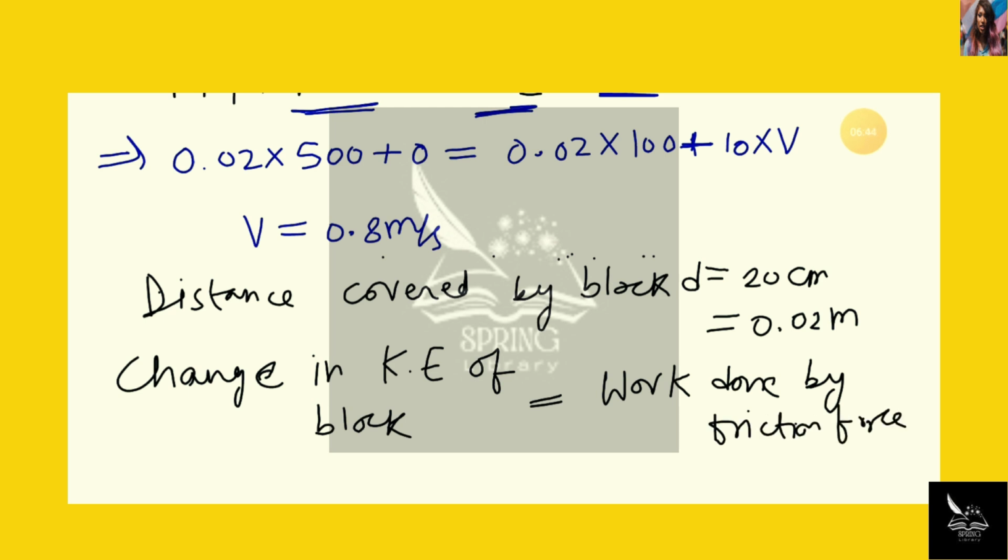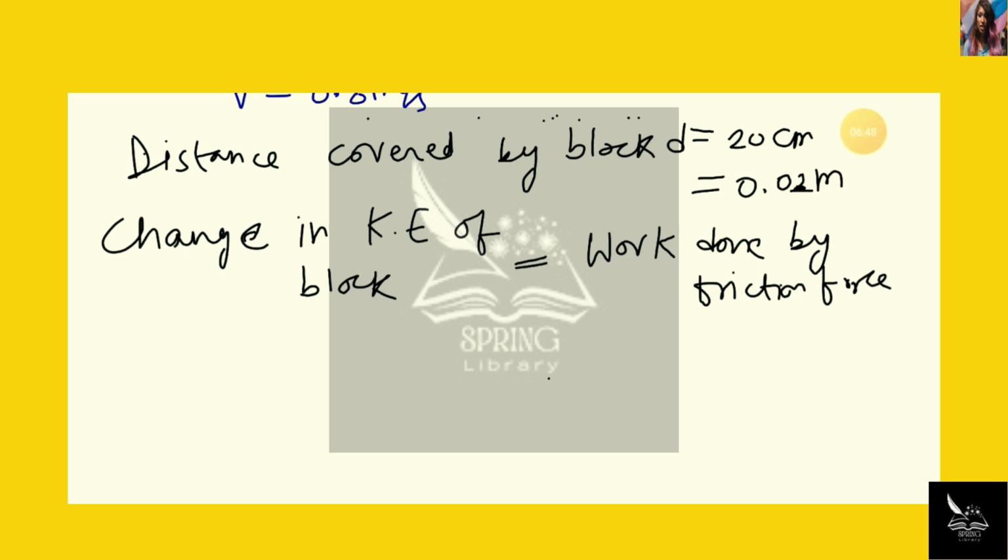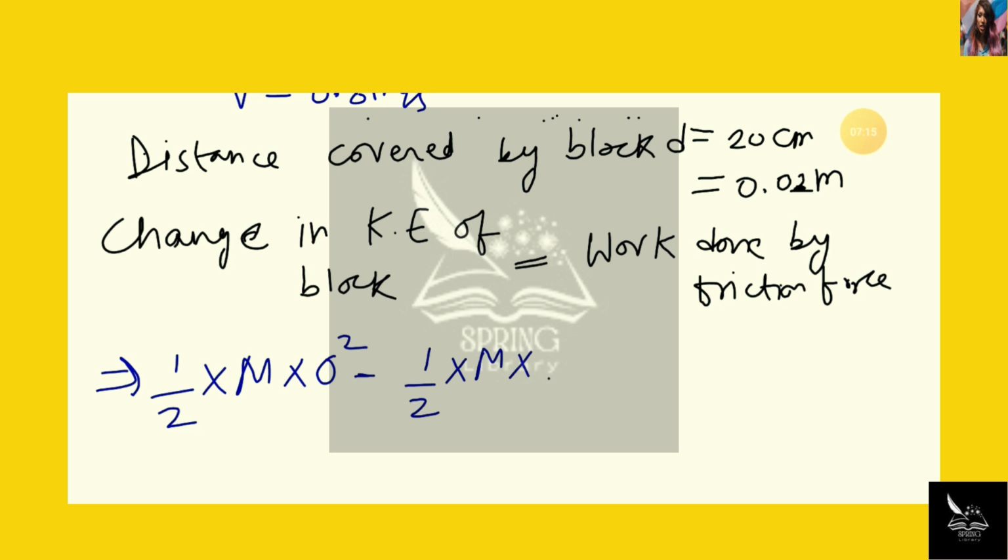After applying this conservation of energy for the given block, the change in kinetic energy of the block will be written as half times m times the initial speed squared, that will be 0 squared, minus half times capital M times the final speed of this block, which I consider v squared, is equal to the work done by friction force, that is mu times capital M multiplied by g multiplied by distance d. So mu is the friction coefficient.